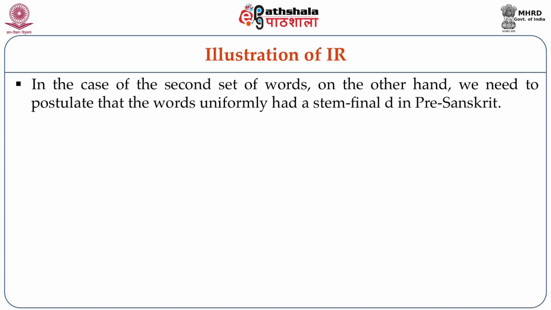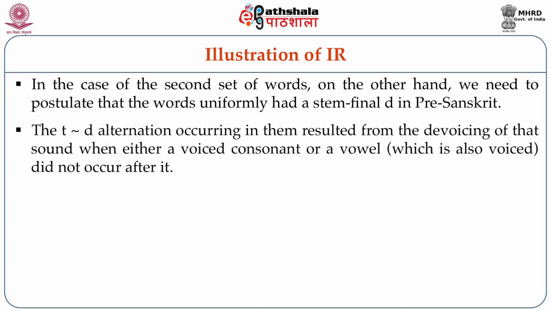In the case of the second set of words, on the other hand, we need to postulate that the words uniformly had a stem final d in pre-Sanskrit. The t/d alternation occurring in them resulted from the devoicing of that sound when either a voiced consonant or a vowel, which is also voiced, did not occur after it.